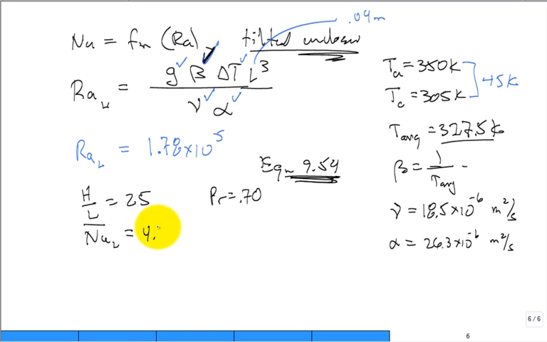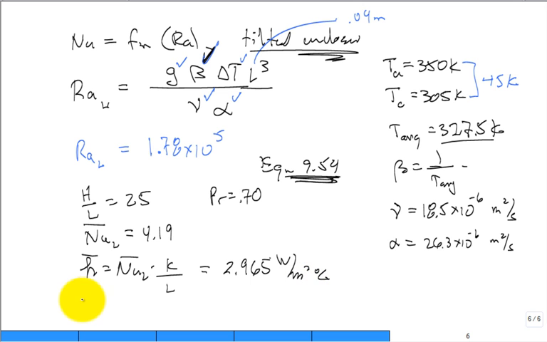You get a 4.19. And so then you get h is Nusselt times k divided by L. And then that comes in at almost 2.965 watts per meter squared degree C. And then q double prime convection is just the h bar times the delta T. And it comes in at 133.4 watts per meter squared.